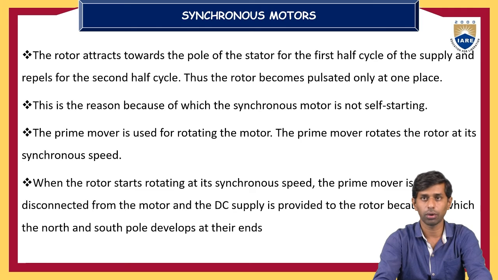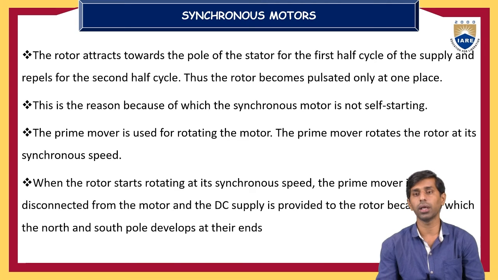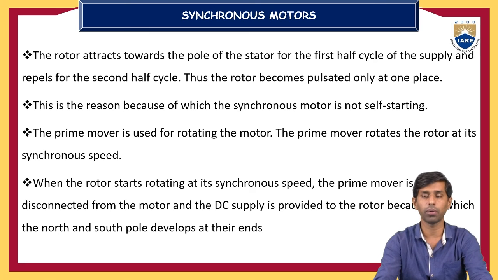So the rotor of the synchronous motor is rotating with an auxiliary device like a prime mover, and when it reaches nearly the synchronous speed, you have to excite the rotor winding with a DC supply.